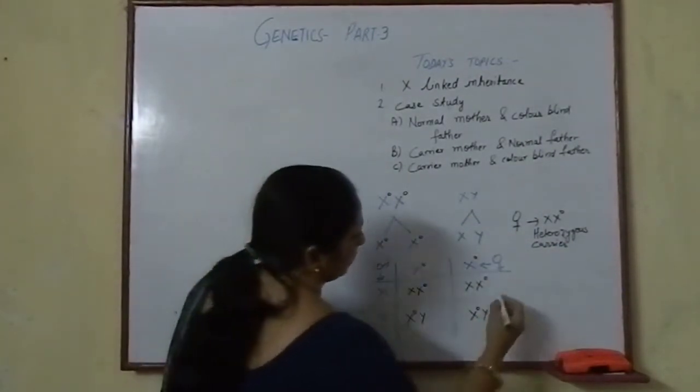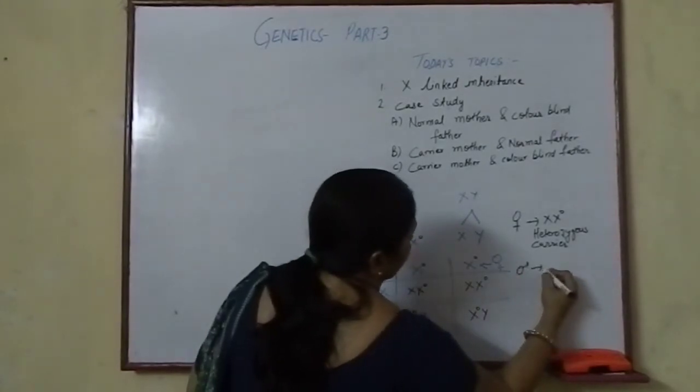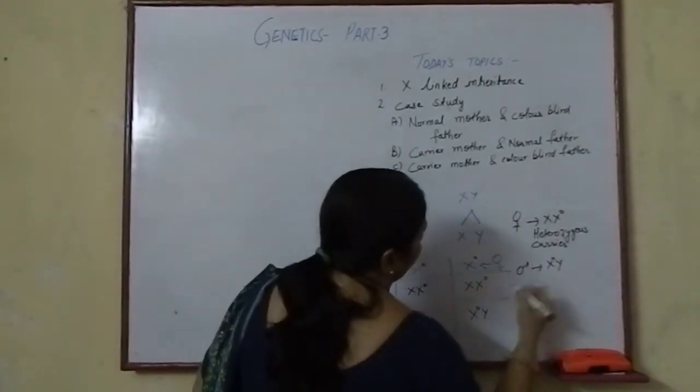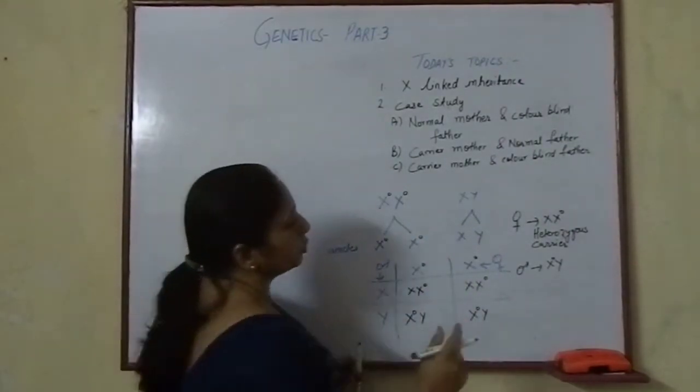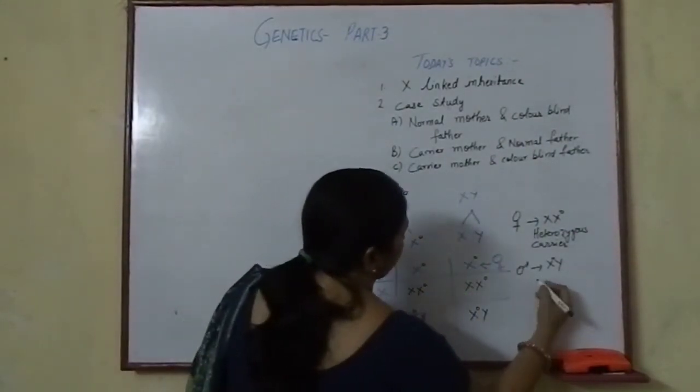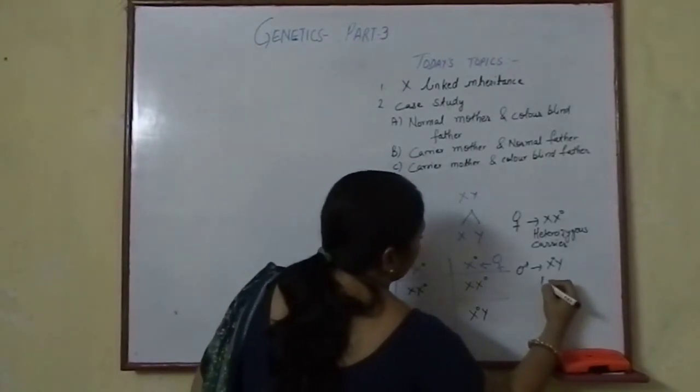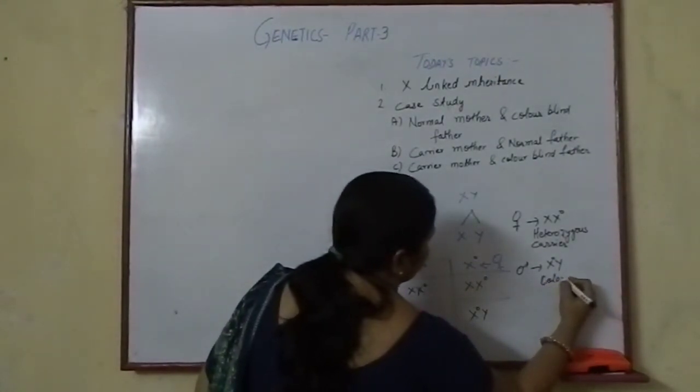Next, the male. The condition is X naught Y, which, since it has a single X chromosome that is a defective chromosome, means the males are color-blind males.